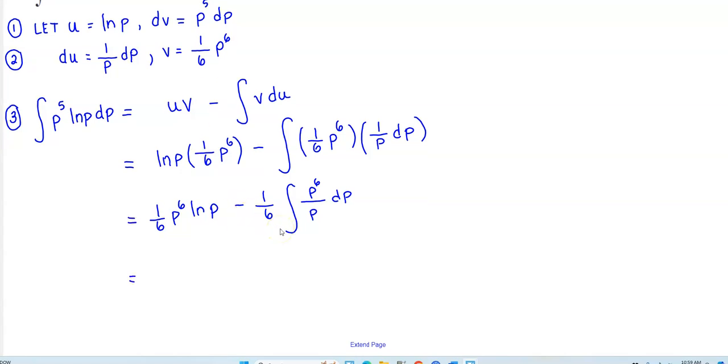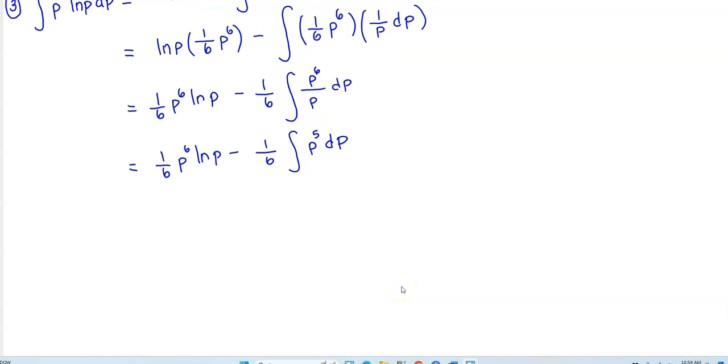So if we simplify that a little further, we have 1/6 p to the sixth times the natural log of p minus 1/6 times the integral of p to the fifth dp.